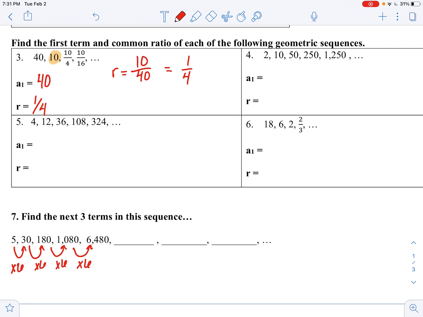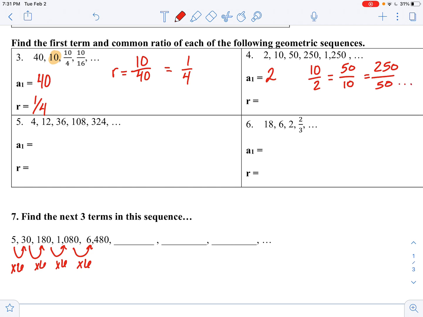Let's look at number 4. Again, a sub 1 would be 2, so my first term is 2. Now, which pair I use for the common ratio doesn't matter. I could take 10 and divide it by the number that came before 10, or I could take 50 divided by 10, or 250 divided by 50, and I think you get the picture.